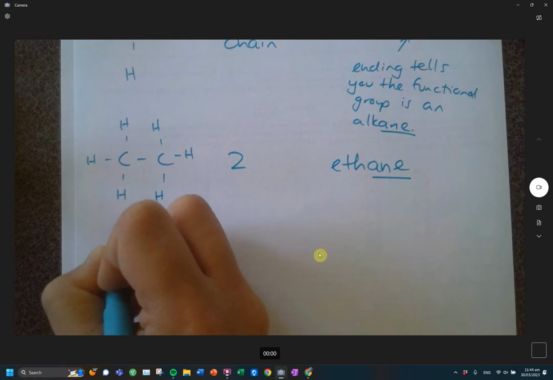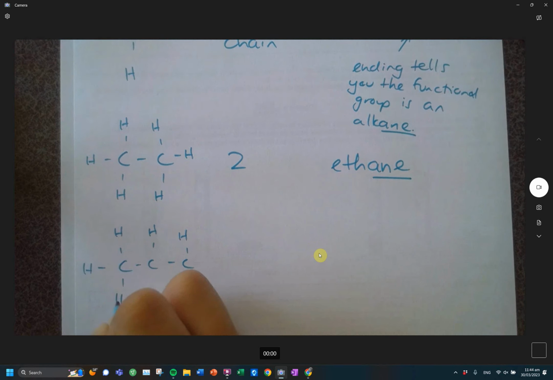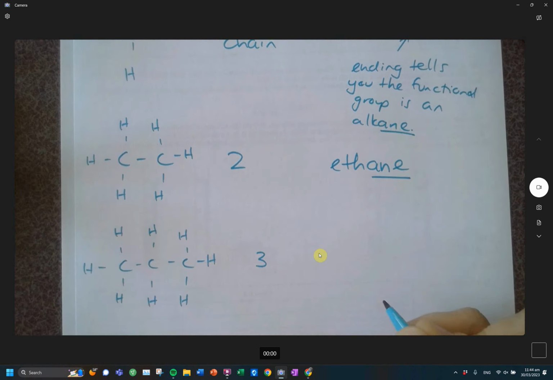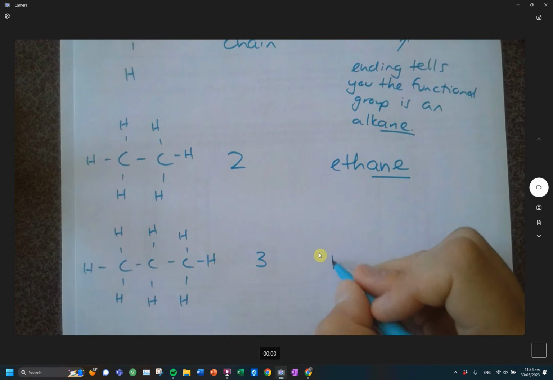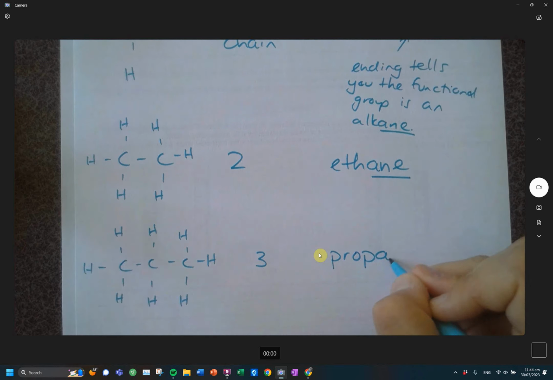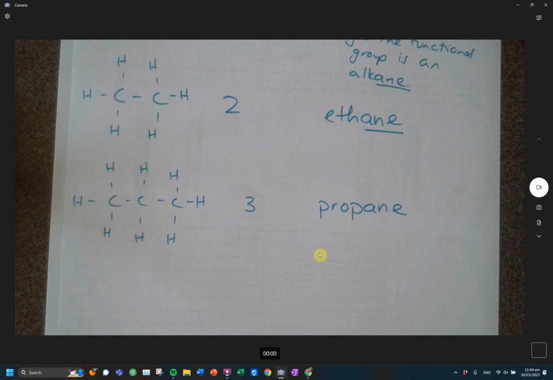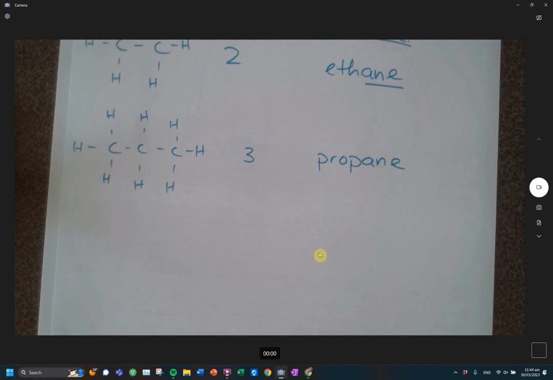Now I'm drawing a three carbon chain. What do you think I call a three? Propane. If you watch King of the Hill, he talks about propane and propane accessories. It's a flammable gas, no? Okay. Well, it's on Disney Plus if you guys want to watch it.